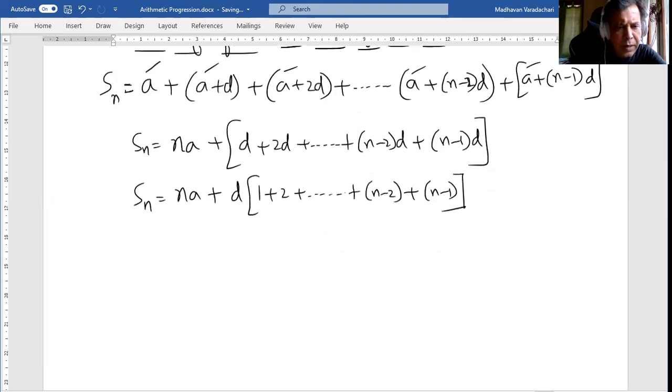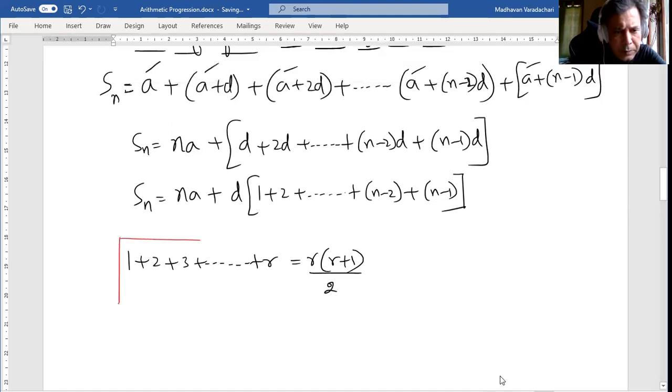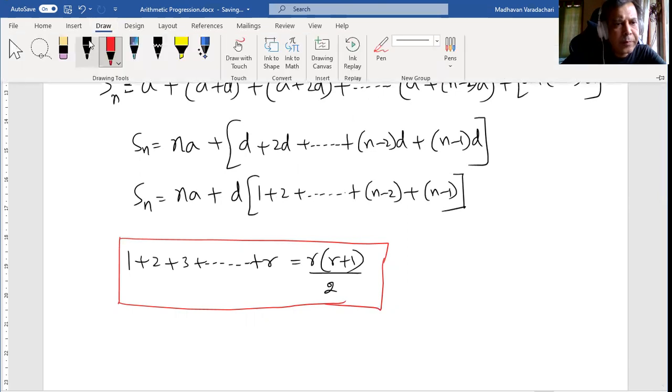We know if terms are like 1 plus 2 plus 3 and so on up to r, then I can write the formula as r into r plus 1 by 2. So here we will be using that particular formula. Here, instead of r, you may notice it is actually n minus 1.